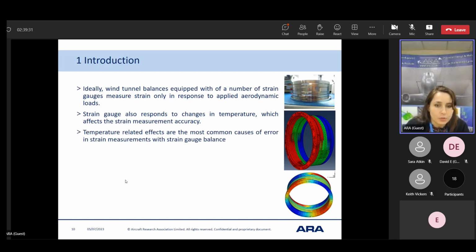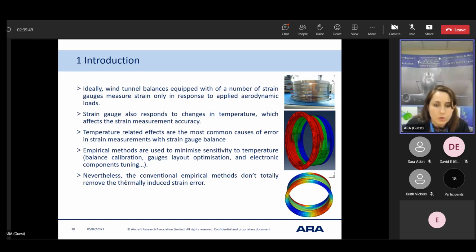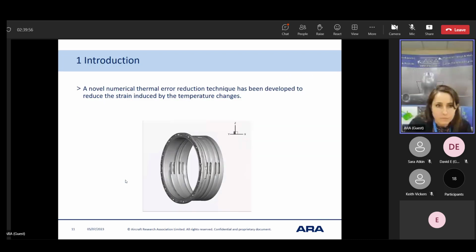So actually temperature is the most common cause of error in strain measurements with strain gauge balances. Here at ARA, we have empirical methods to minimize sensitivity to temperature, like balance calibration, gauge layout optimization, and so on. However, the conventional empirical methods don't remove the thermal-induced strain error completely.